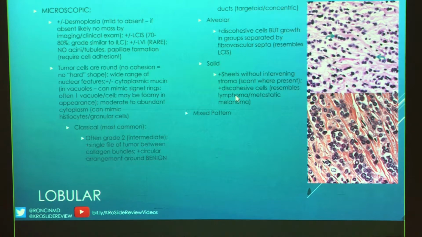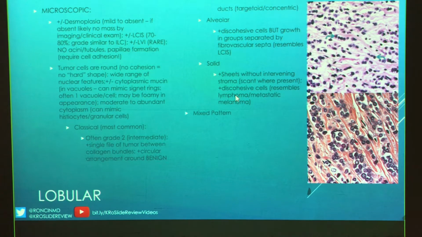Okay, so the cells, they can be round, they can be more ovoid, they can be more polygonal. It kind of depends how the tumor is arranging itself. We did talk about the cytoplasmic mucin and how it mimics signet rings, so just keep that in the back of your mind. And if they have a lot of abundant cytoplasm, they can even mimic histiocytes or granular cells.